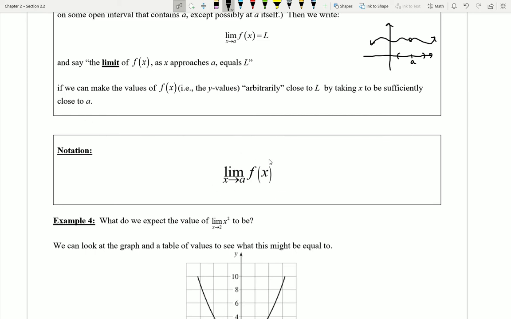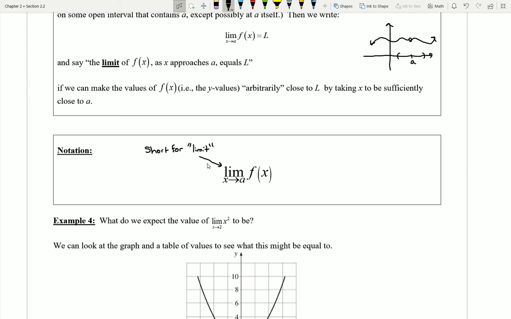So we have this set of symbols here, and we really need to make sure we understand what all of this is saying. So I'm going to mark up this picture a little bit. Keep in mind that this lim is really just short for the word limit.